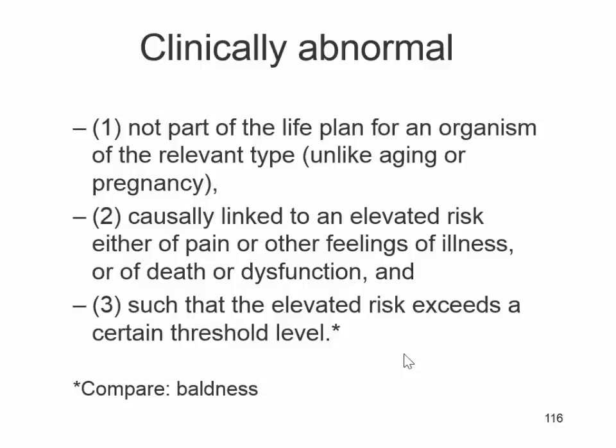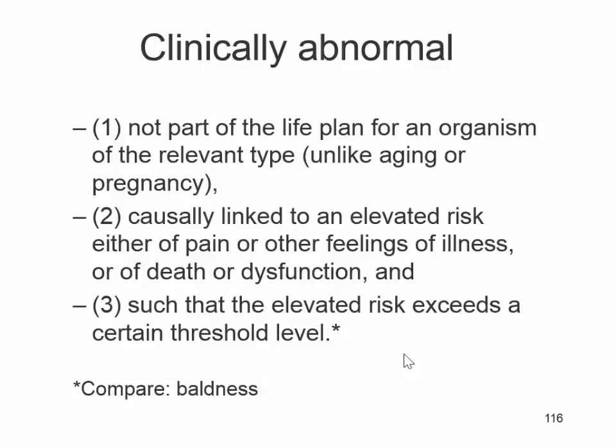Anatomists talk about the Bauplan, the building plan of the organism, which is built into the structural genes for an organism of that type. Now, there is also the life plan, which is built into the development and growth genes for an organism of that type. And for each organism, there is a certain universal sequence of events which will be typical or normal or canonical for organisms of that type at a relevant age.